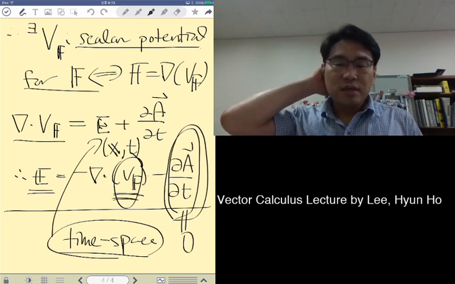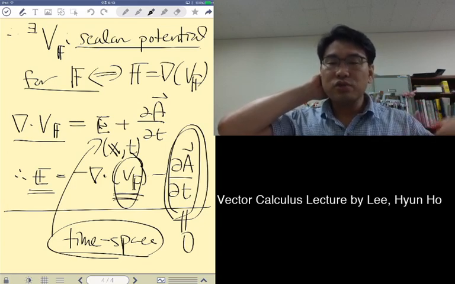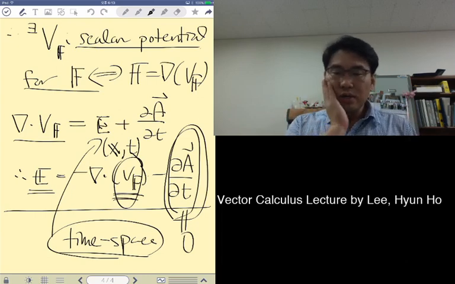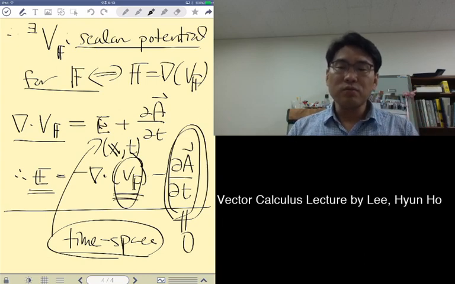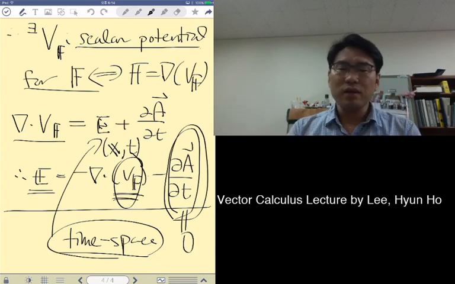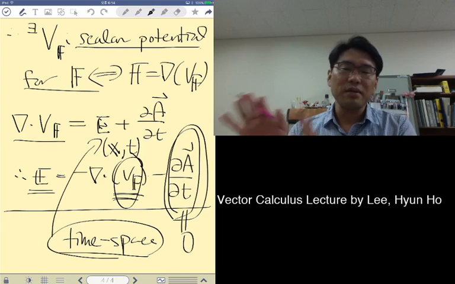Math students need to learn differential geometry further. So to solve Maxwell's equations you need to study partial differential equations and differential geometry more carefully, although the Lorentz transformation itself is not that difficult.